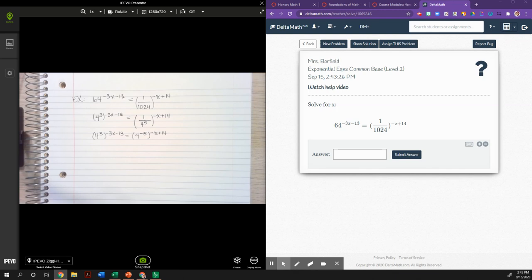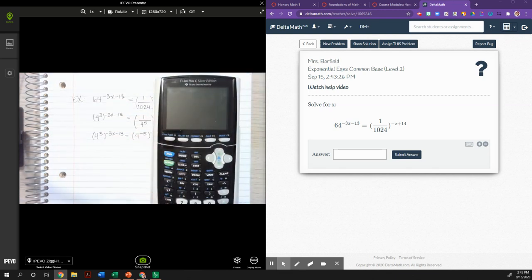If you have a fraction with 1 over, you just take that denominator and find it in your chart. If it's not in your chart, it might be because we're dealing with the 6th, 7th, or 8th power. Our chart only goes up so far. Then you just convert it to a negative exponent. How do I know I did it right?